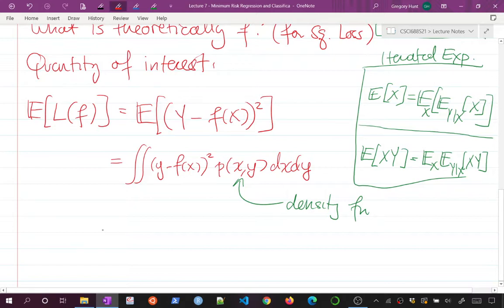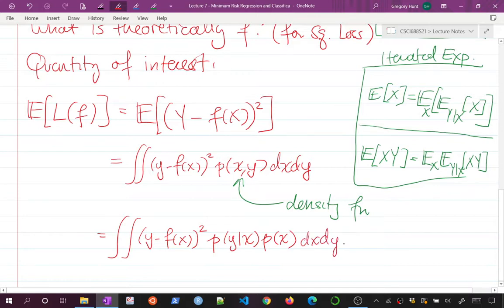And if you think about what's going on in iterated expectation, if you go back to the proof of that, we can play some games here. p of xy could be written as p of y given x times the marginal of x, right? So the joint is the conditional times the marginal, and of course I have my dx dy.